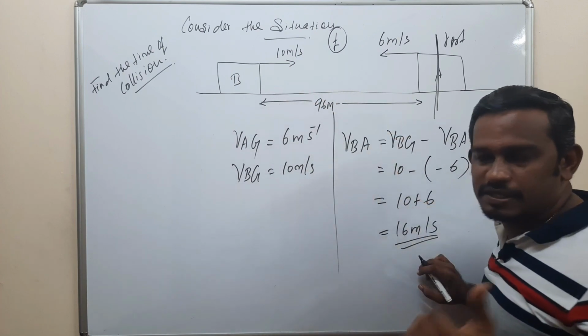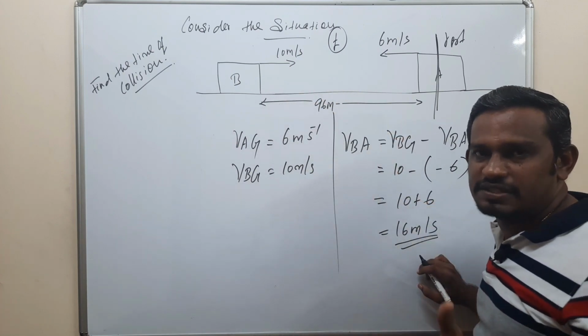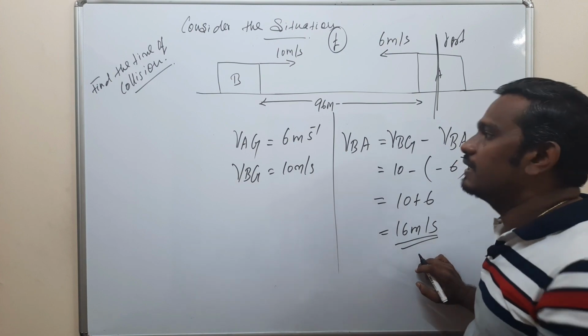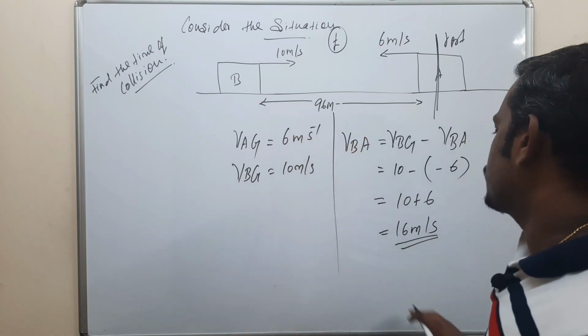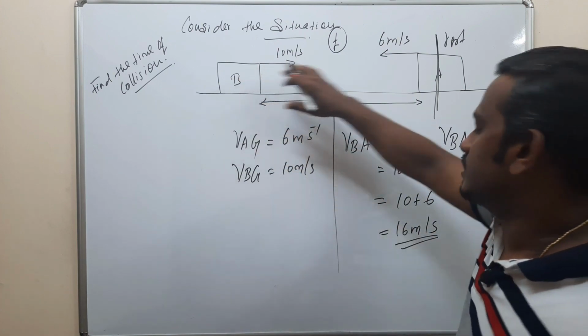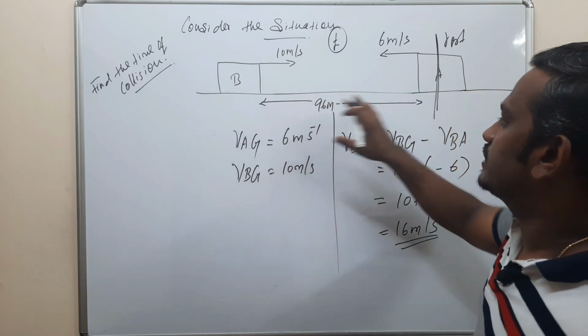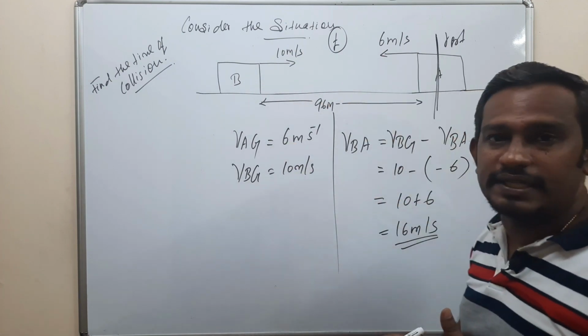That is 96 meters. The relative distance between two objects never changes when the frame of reference changes. So now the car is coming with 16 meters per second, and the distance is 96 meters. So we have to find the time.